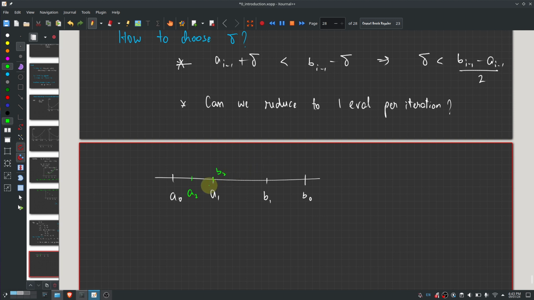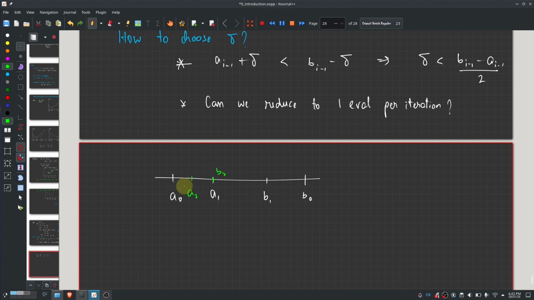It would mean that I know from the previous iteration the values of f of A1 and f of B1, and I also have f of A0 from the iteration before that. So all I have to do is evaluate f of A2. That's the only new evaluation.